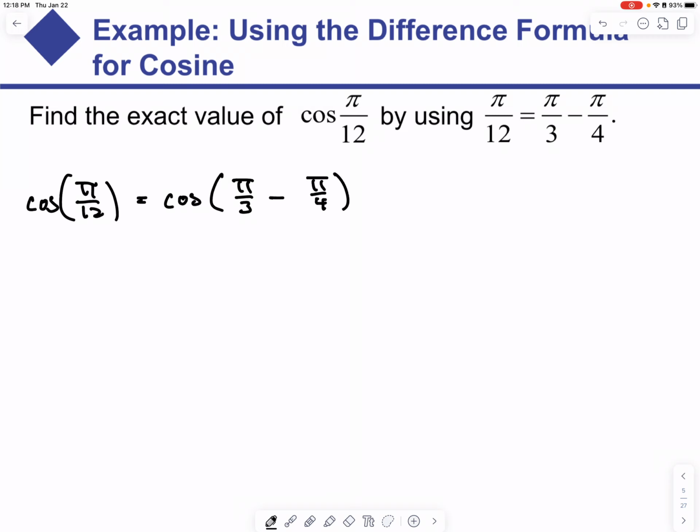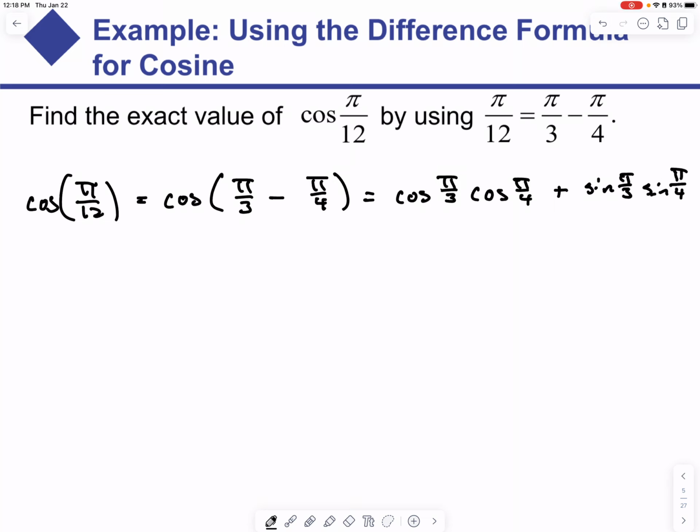If we apply the difference rule for cosines, it should be cosine u cosine v plus sine u sine v. So it should be cosine pi over 3 times the cosine of pi over 4 plus sine of pi over 3 times the sine of pi over 4.